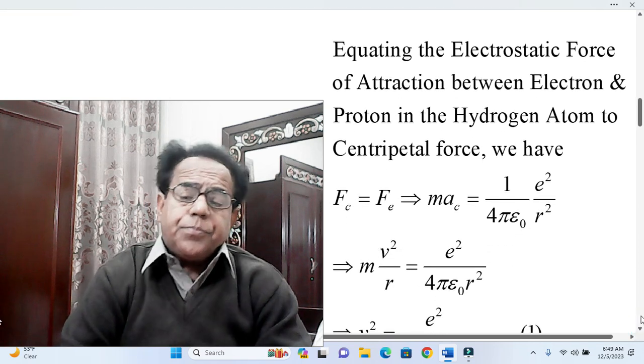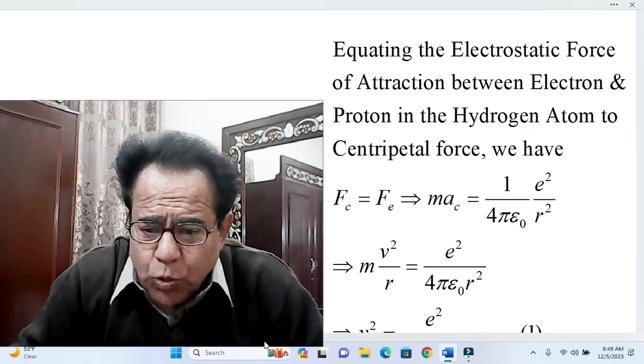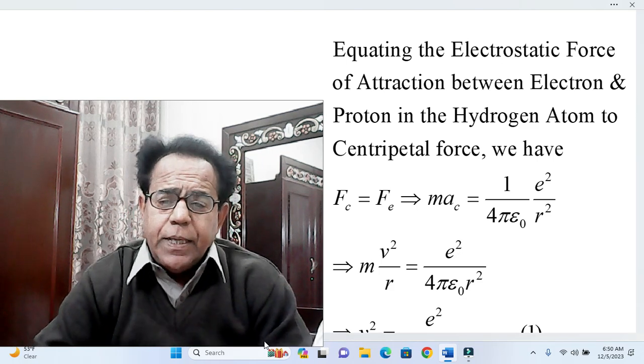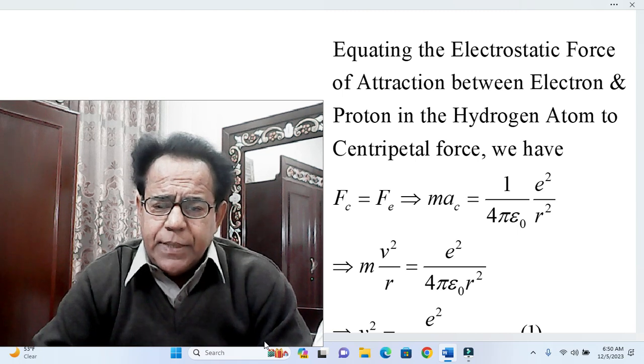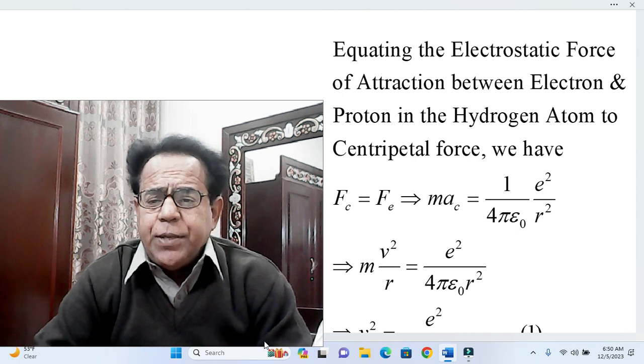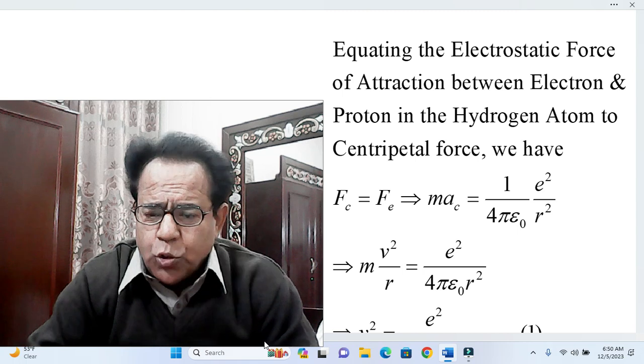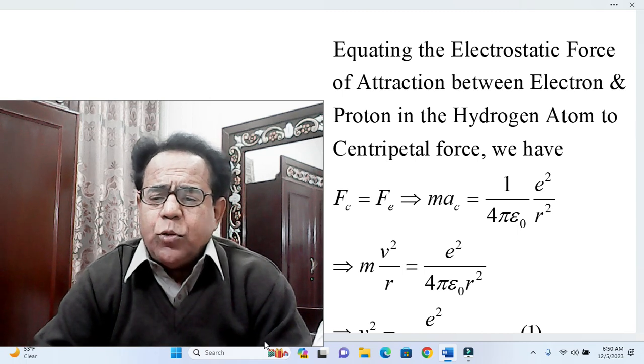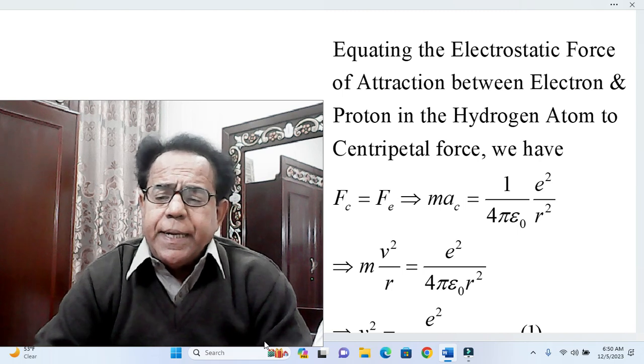We start our solution with the technique of equating the electrostatic force of attraction between electron and proton in the hydrogen atom to the centripetal force.